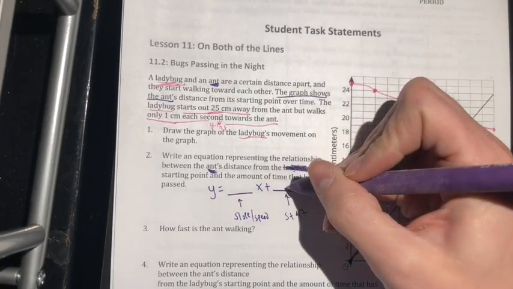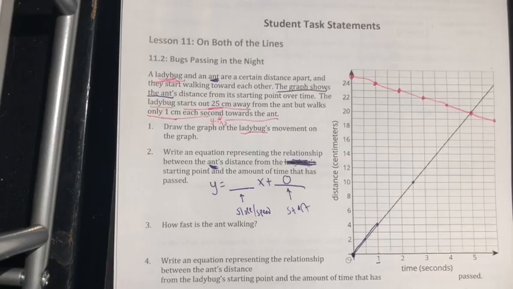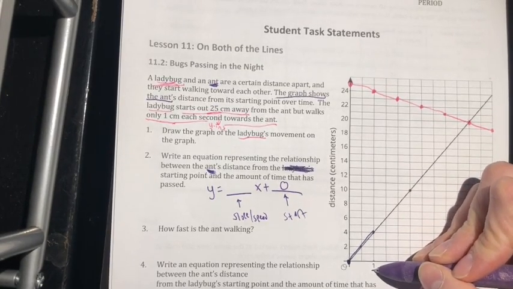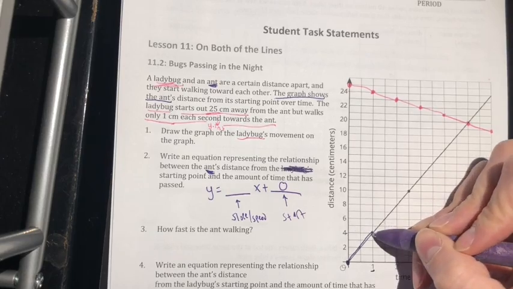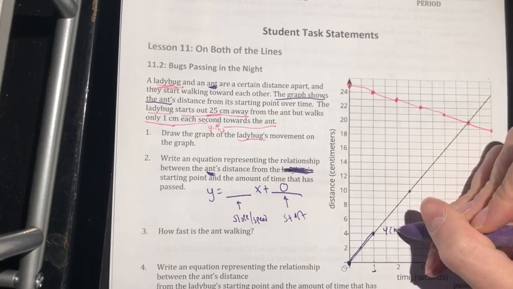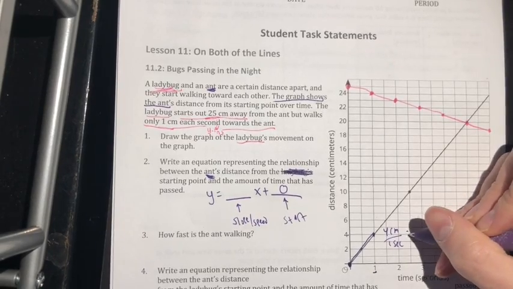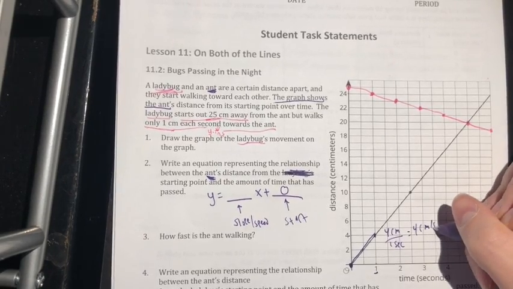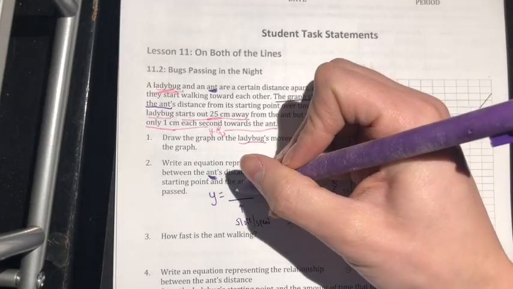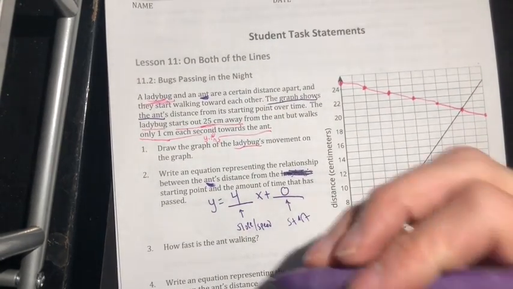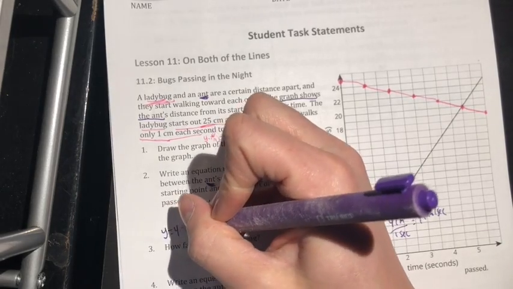He starts out at his own starting point. And every second, the ant goes 4 centimeters. So 4 centimeters in 1 second is just 4 centimeters per second. So his equation is just y equals 4x plus 0. Or you could just write y equals 4x.